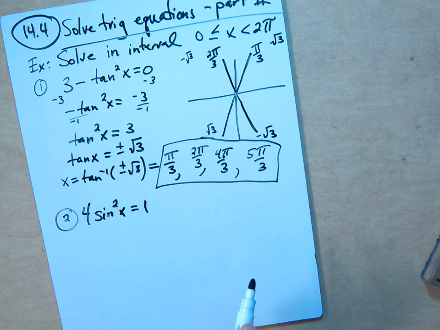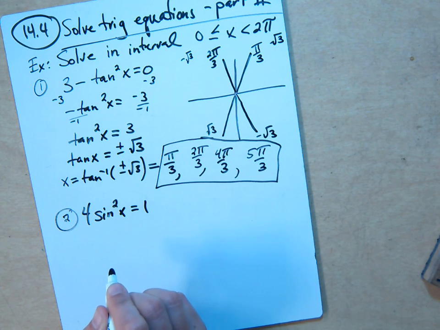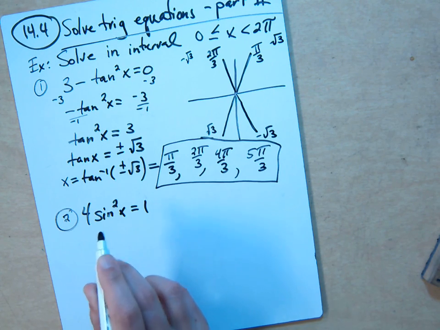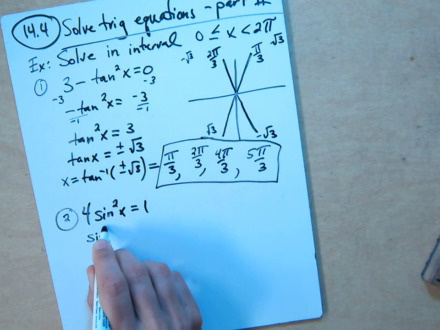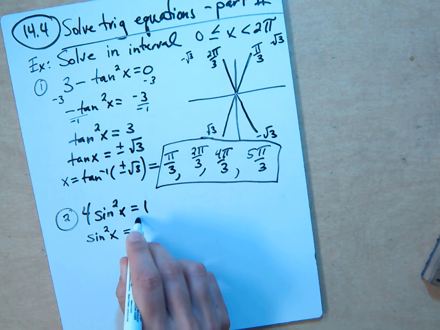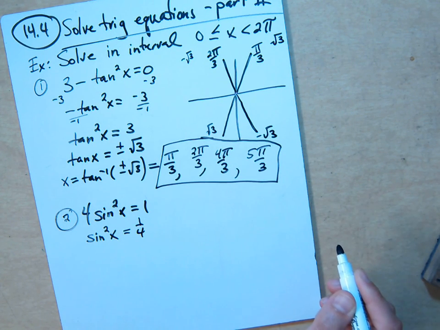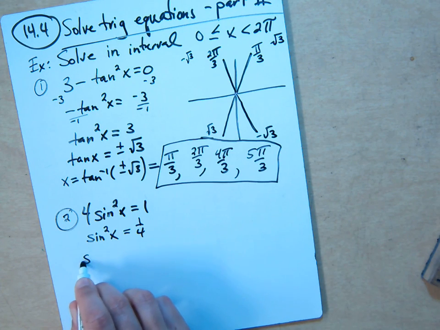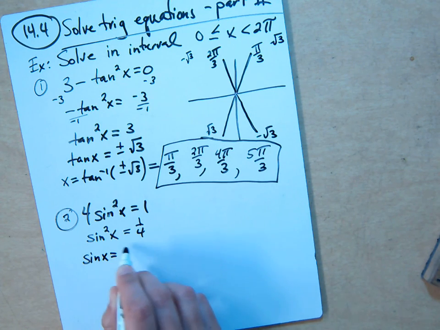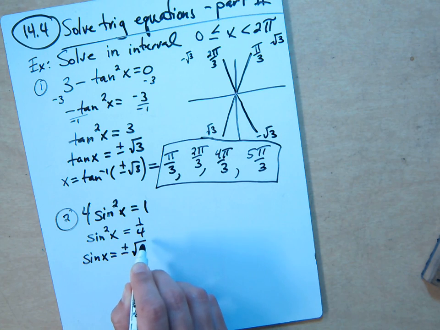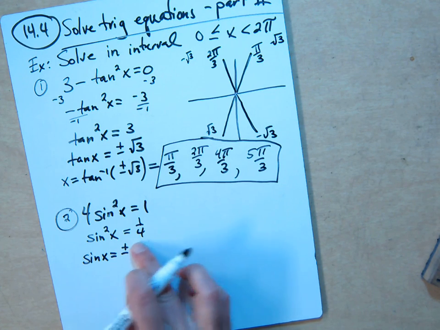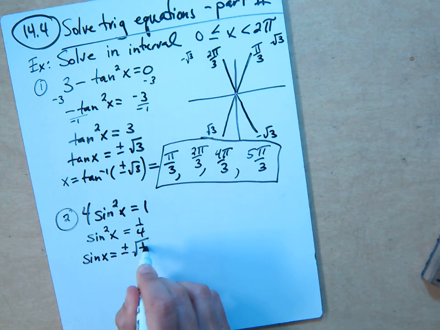So what should we do first? What do you want to do? You want to get rid of times 4, you divide by 4. And now, to get sine x alone, you take the square root, so plus or minus the square root of 1/4.